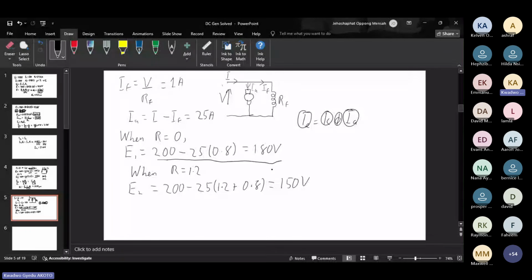If a series resistor has been connected and we are still operating at full load, then our torque remains constant, our field is constant, and our IA is also constant. So we use the same IA to calculate E when we connect the series resistance because we are still running at full load.